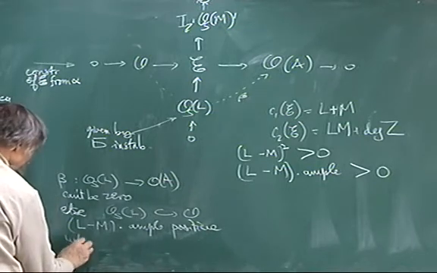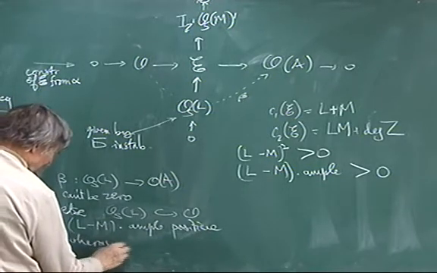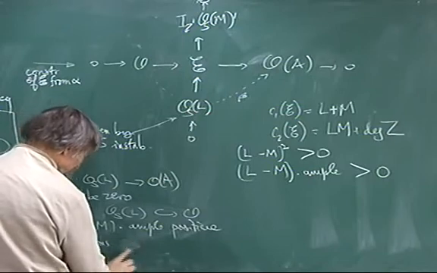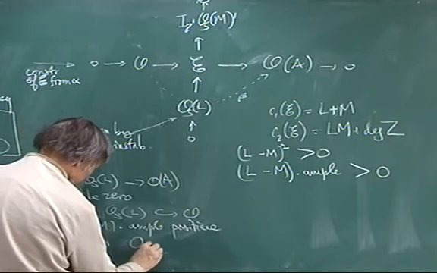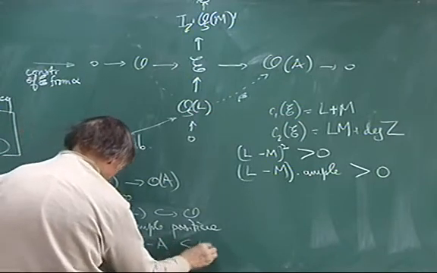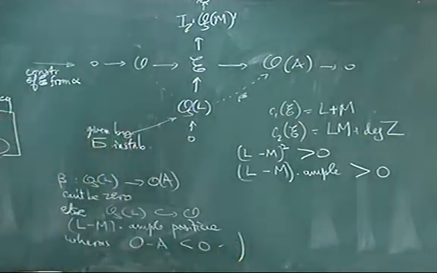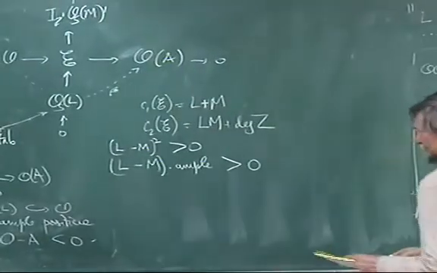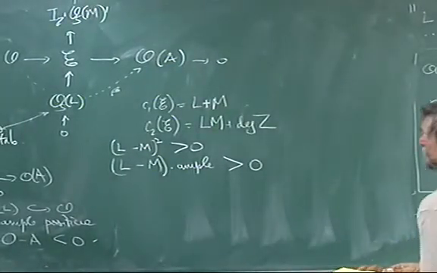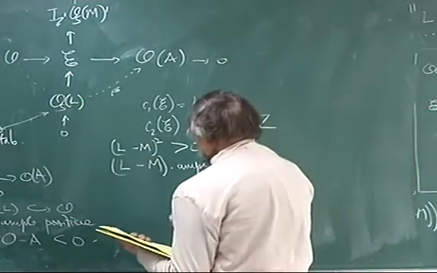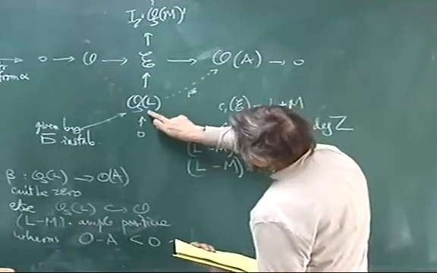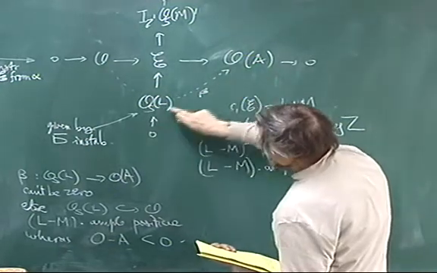Whereas O, so O minus A is negative. The A is nothing big. Okay, so this is then an inclusion of one line bundle in another.